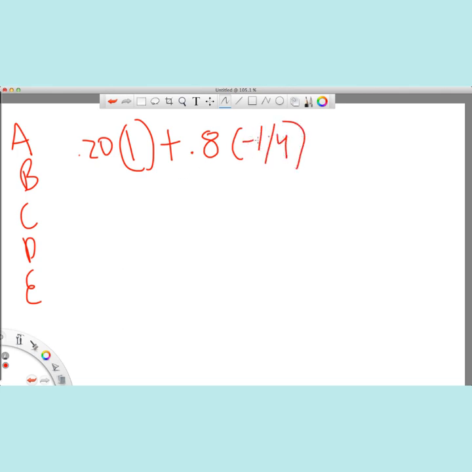And if you do the math for this, you get 0.2 plus 0.8 times negative 1/4, which, as you should know, is negative 0.2. That comes out to a net gain of 0 for every question that you guess on. And that only means that it is to your benefit to guess on a question rather than to not guess on a question.